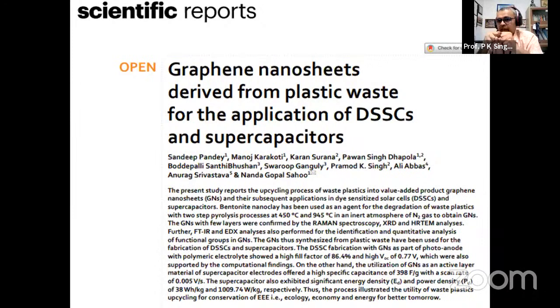The electrolyte is the same, and we use graphene oxide derived from plastic waste. We published a very good paper in Nature Scientific Reports last year, published by my own student and my own collaborator, Professor Nand Gopal Sahu from Kumaun University, Nainital.